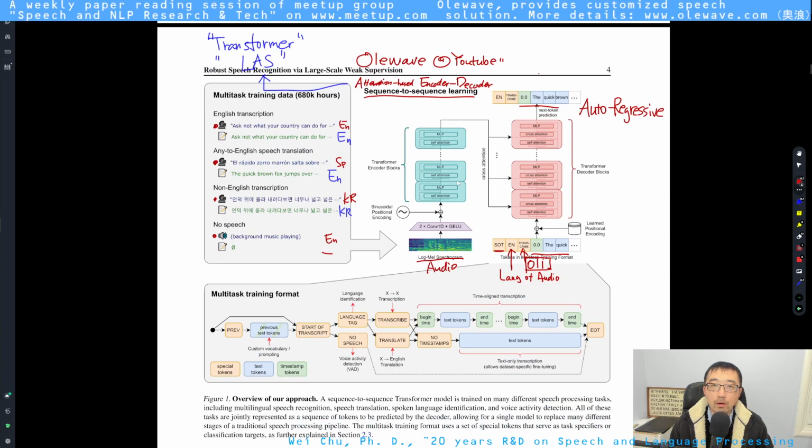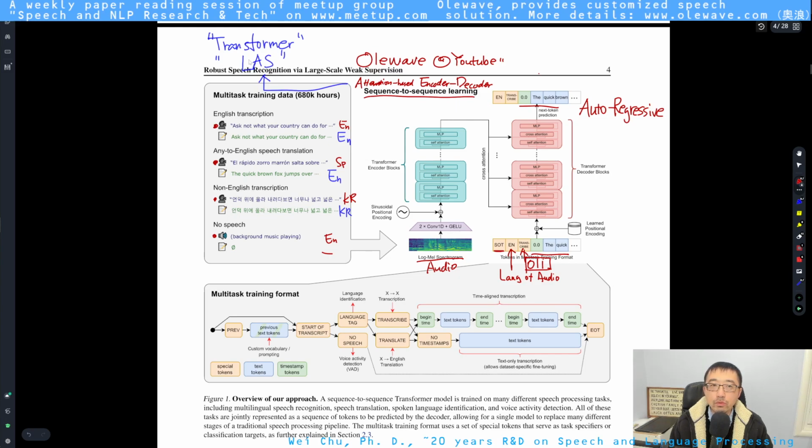This is the model of the proposed work. And you can see that the model is generally a transformer model, which takes in the log spectrum of audio in, and they have the encoder and the decoder, the cross attention.